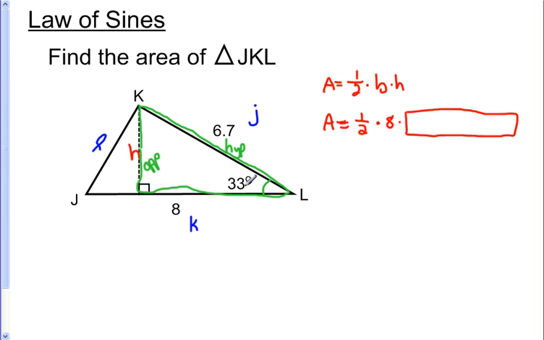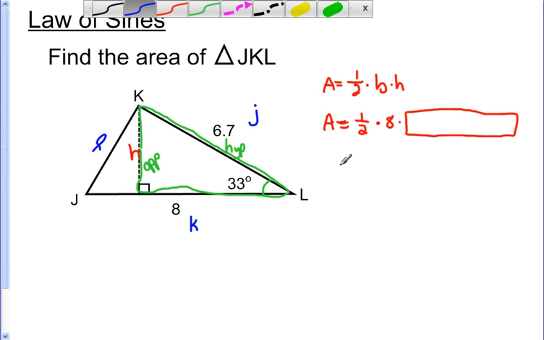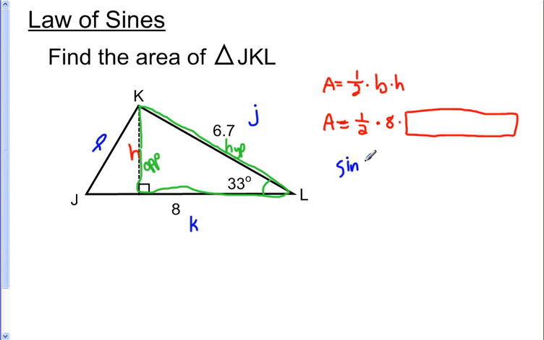So let's set up to figure out the height. We'll use blue here. So sine of 33 degrees equals opposite, which is h, over the hypotenuse, which is 6.7. And so to get the height all by itself, we're going to multiply both sides by 6.7.